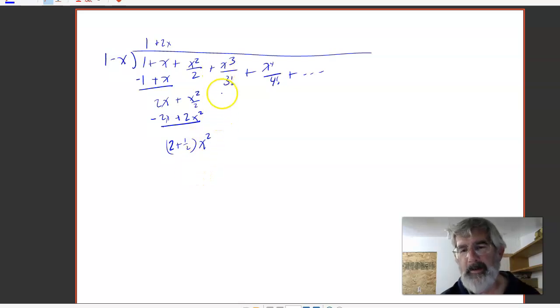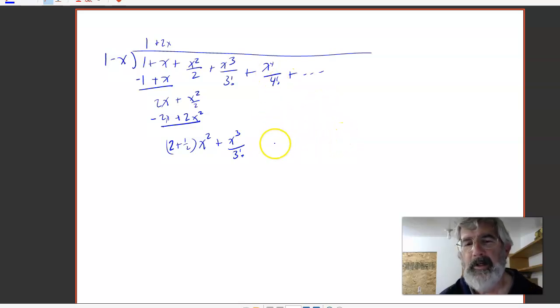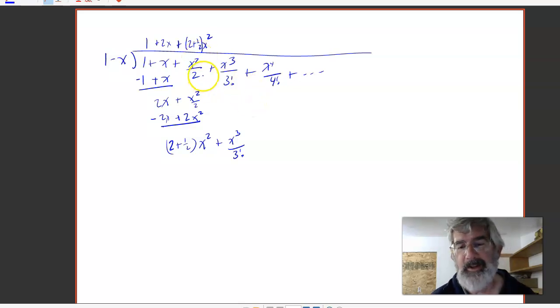All right, bring down the next piece, x cubed over 3 factorial. Technically I'm bringing everything down every time, except I only get 2 things that this combines with, so the other ones you don't even have to really think about until it's their turn. Anyway, 1 times what is 2 plus a half x squared? I need to multiply by 2 plus a half x squared. And I'm choosing to leave it like this just because I know what the answer looked like from the previous calculation.